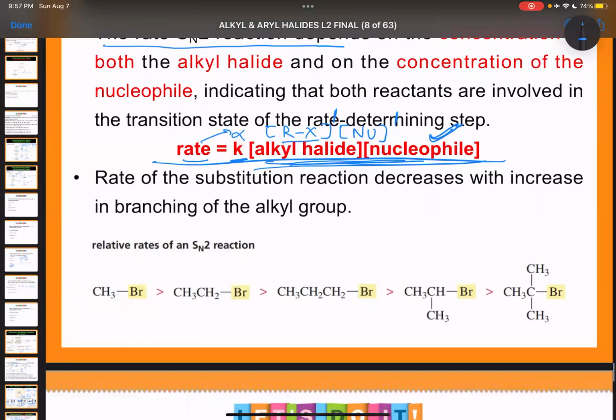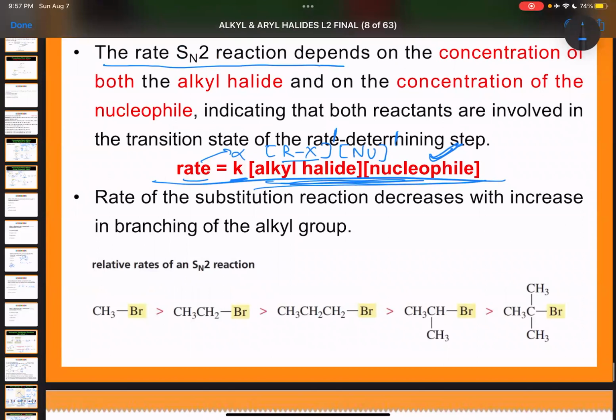There are other factors also which affect the rate or speed of the SN2 reaction, and the other most important factor is the nature of the alkyl group of the substrate itself.